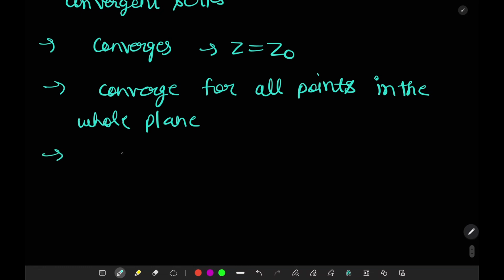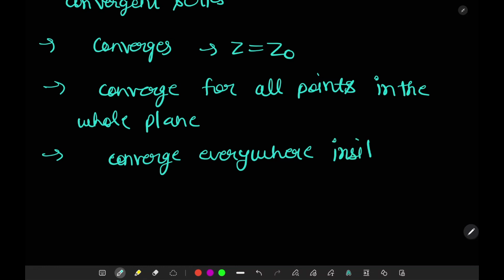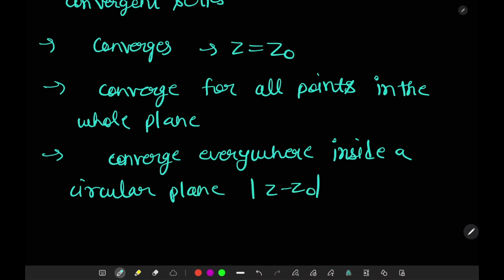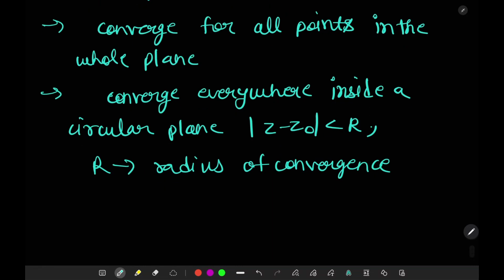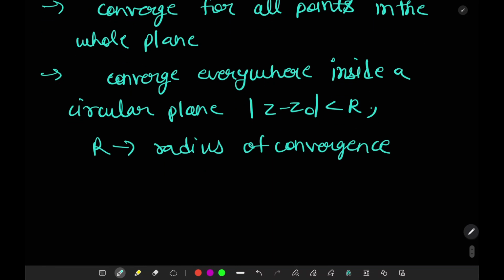Third, the series converges everywhere inside a circular plane |z - z0| < R, where R is the radius of convergence, and diverges everywhere outside the circle or circular ring.